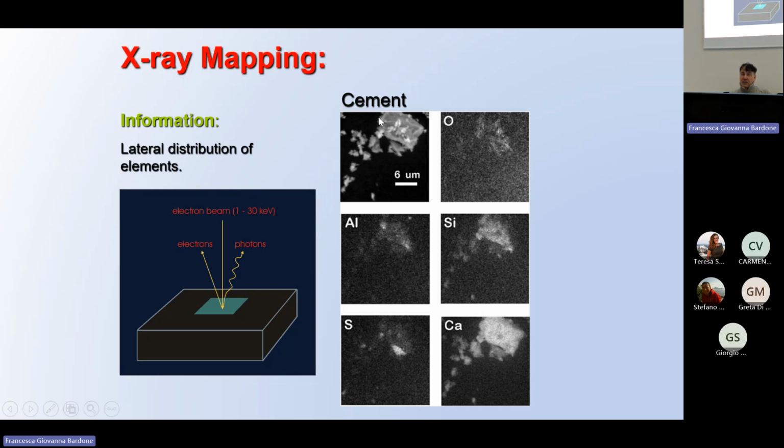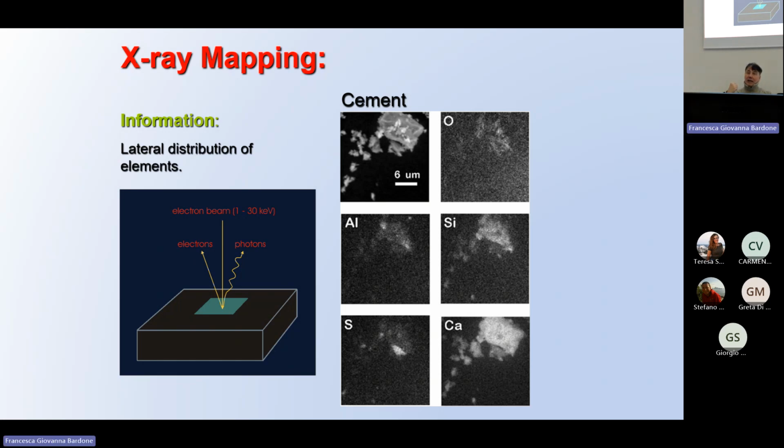This is just a cement particle put over a stub, observing the particles with secondary electrons. Oh, my cement is this particle. Well, there are those small particles around the other particle. You see, with secondary electrons, you detect the morphology, only the morphology.